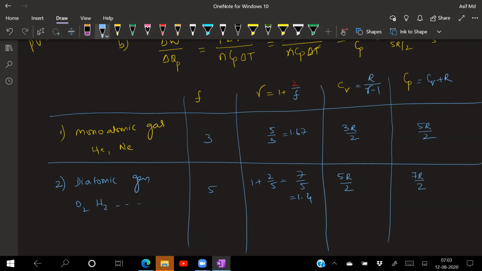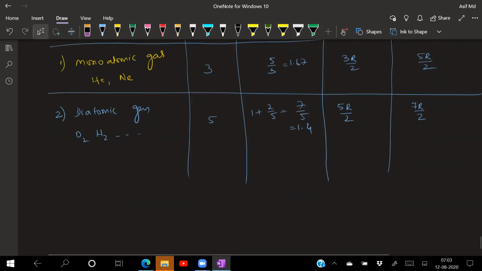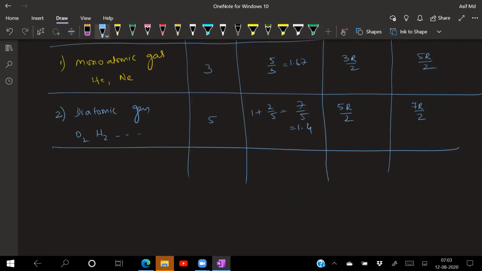The Cv value is 5 by 2, and 5 by 2 plus 1 is 7R by 2.